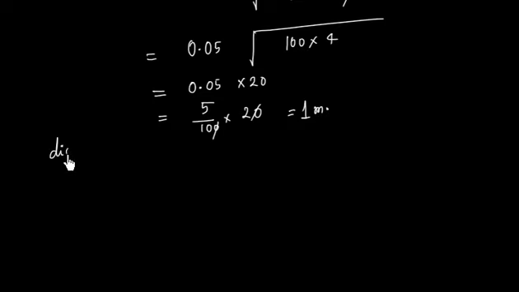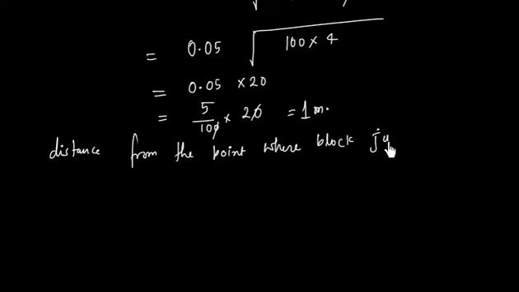So the distance from the point where the block just leaves contact with the spring is equal to 1 meter.